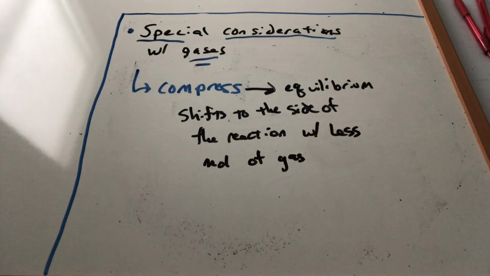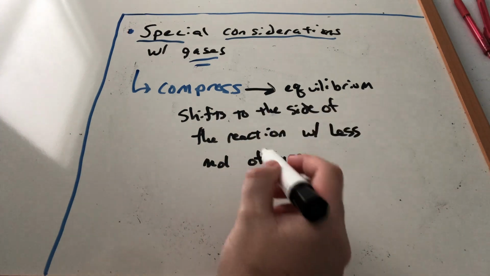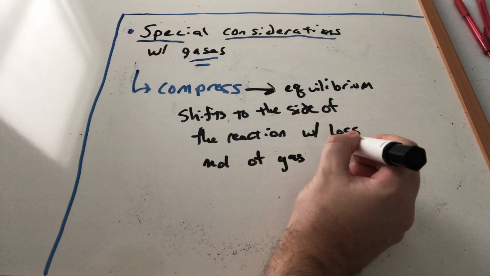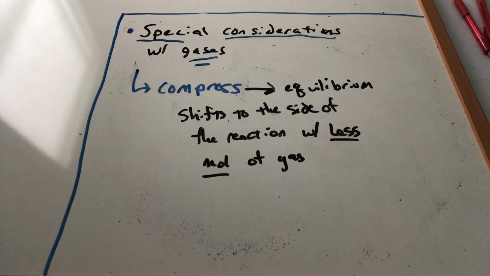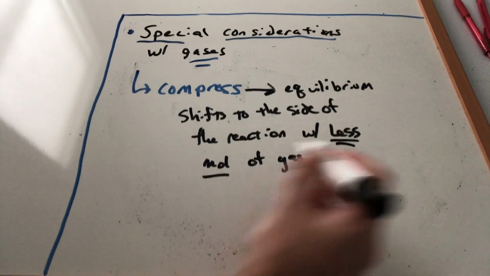You literally look at the stoichiometric coefficient. If you think about it, the gas particles are existing in a smaller volume, so we actually want to decrease those number of particles so we can stay consistent with the concentrations and pressures that we saw before.